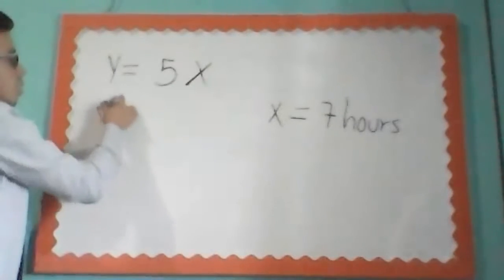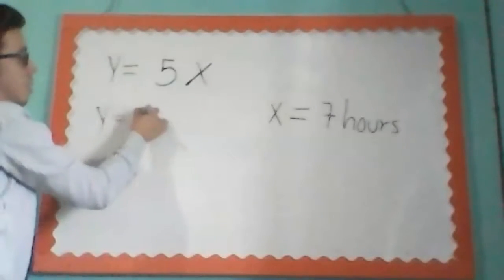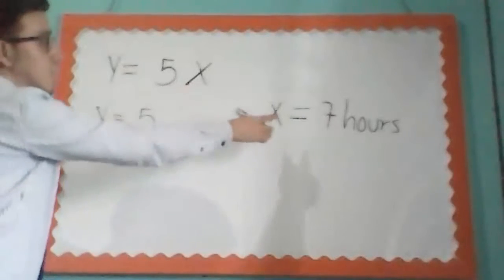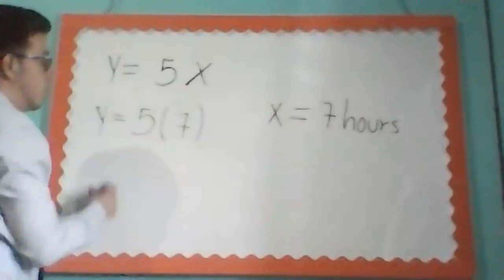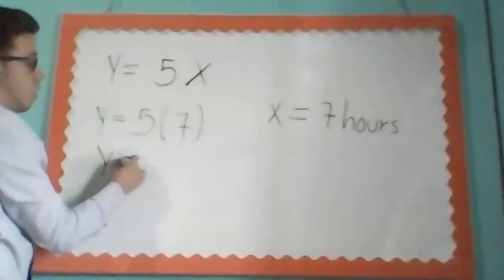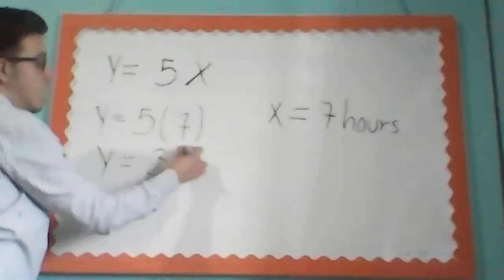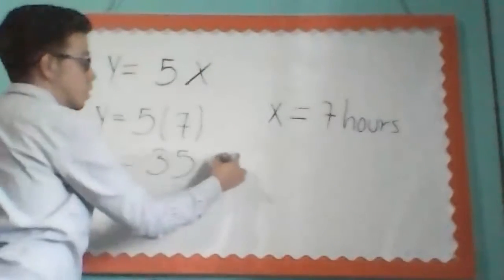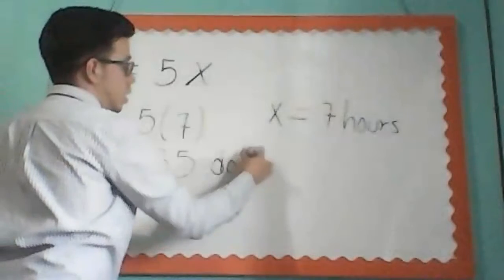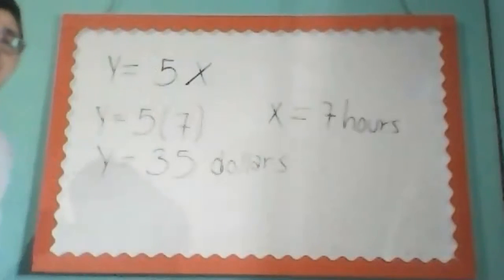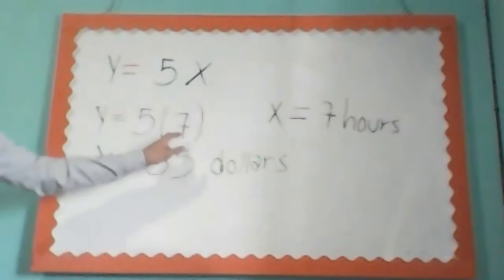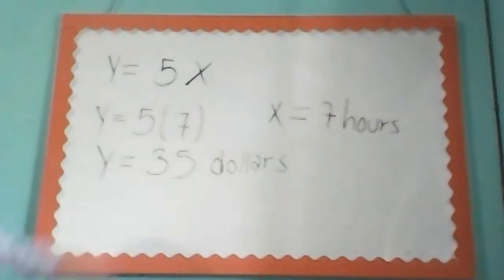For example, Y is equal to 5 times X, and X is 7 hours. So you multiply by 7. So she is going to get $35, because this depends on the number of hours she works. So in this case, if she works 7 hours, she obtains $35.